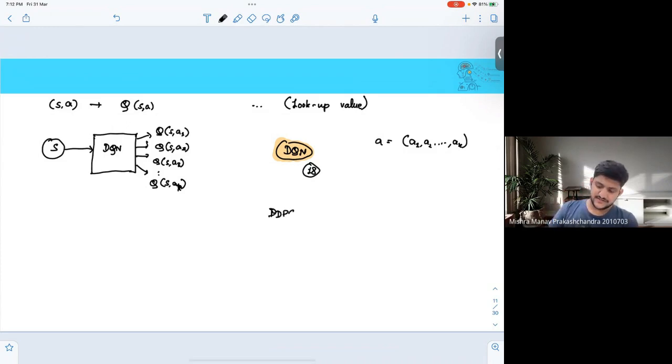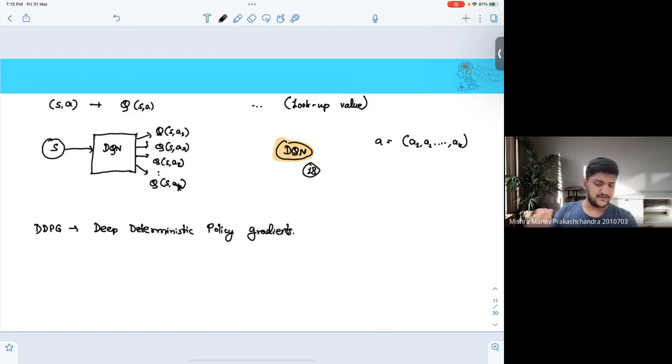DDPG is deep deterministic policy gradients. Okay, so this is essentially DQN, but for a continuous action space.